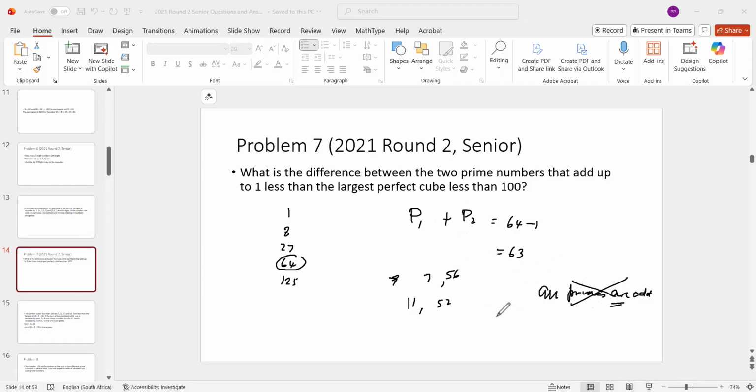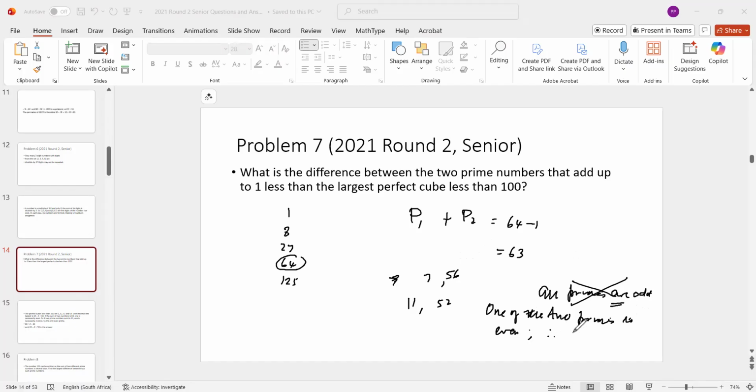So this is wrong. One of the two primes is even. To get the sum of two numbers being an odd number, one must be even, one must be odd, but they are prime numbers.